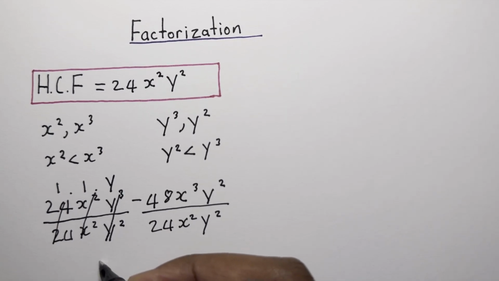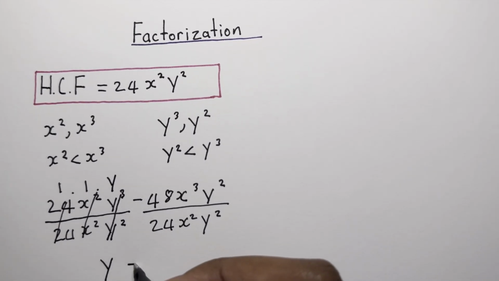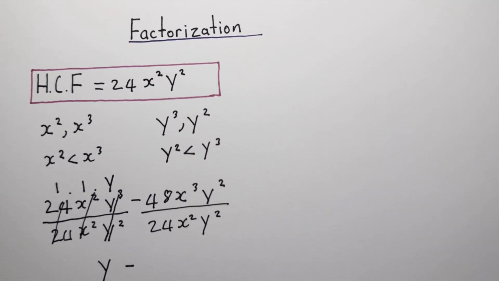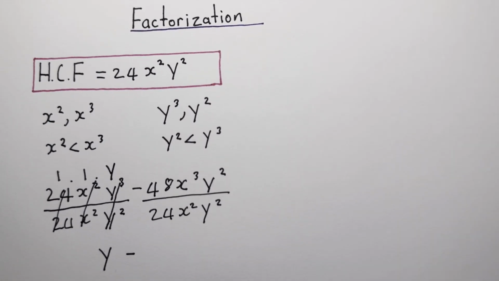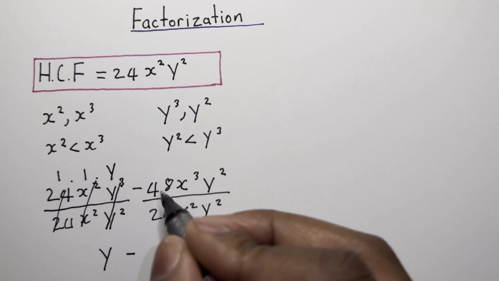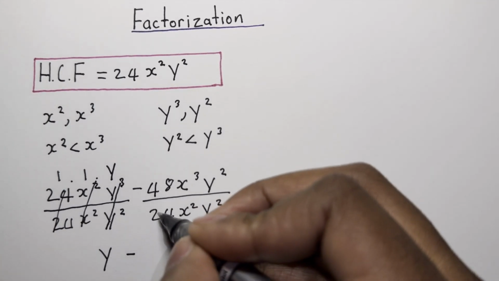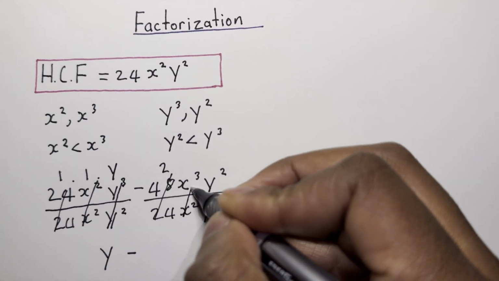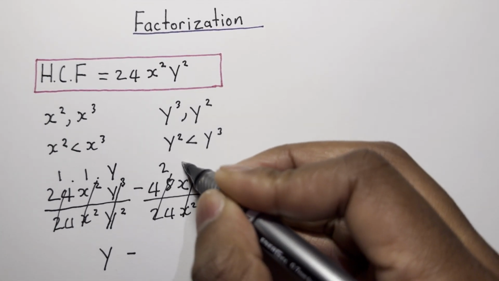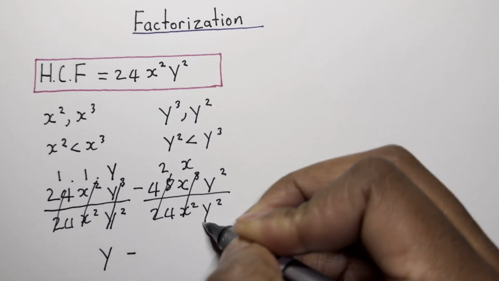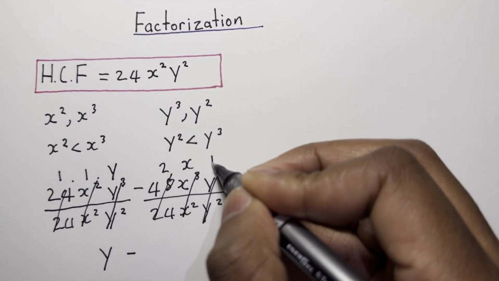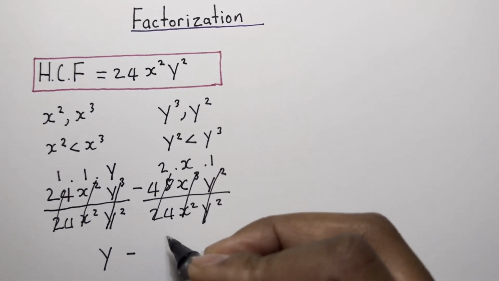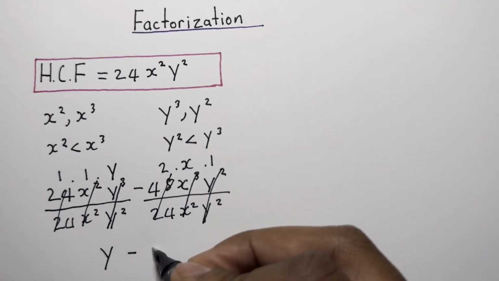So we're left with y. Twenty-four into 48 goes 2 times. X squared into x cubed leaves us with x. Y squared into y squared is 1. 2 times x times 1 gives us 2x.